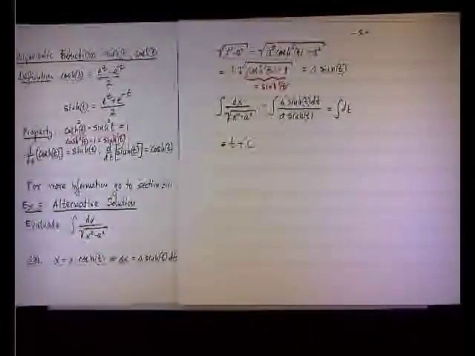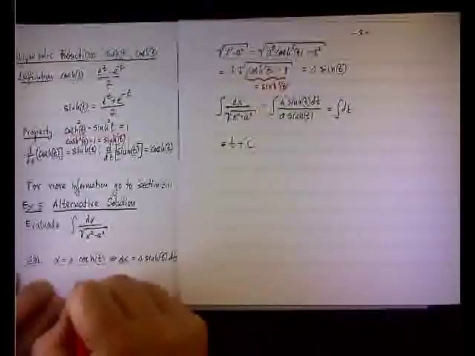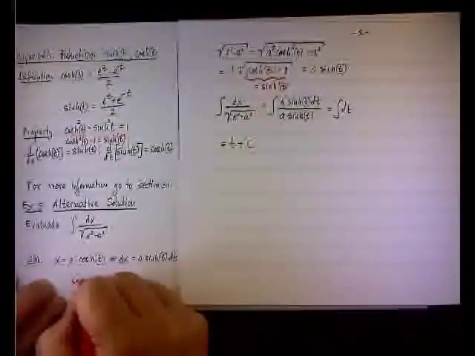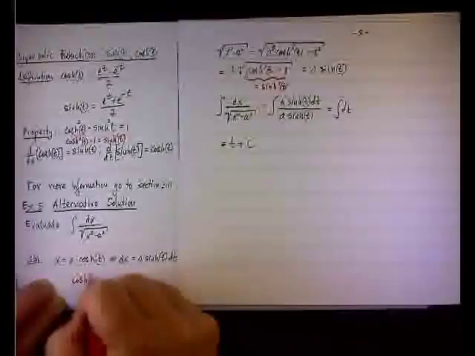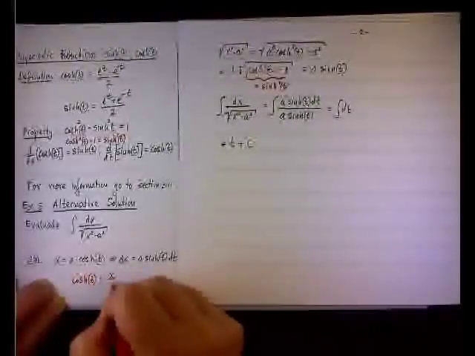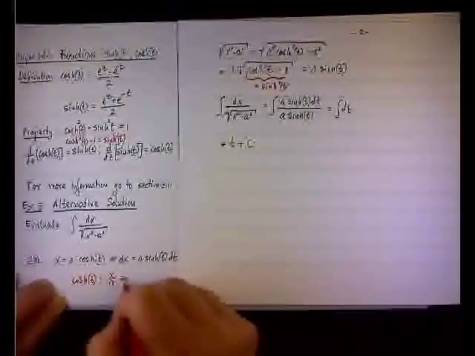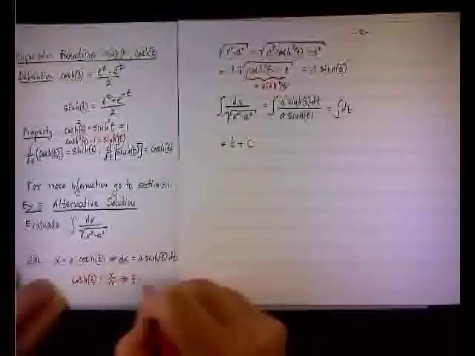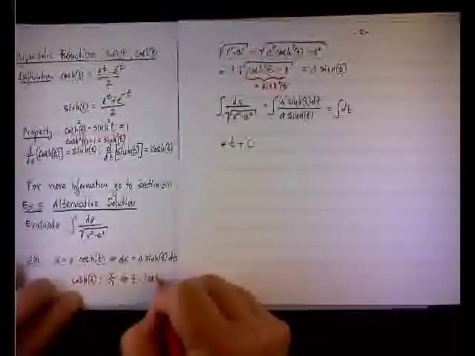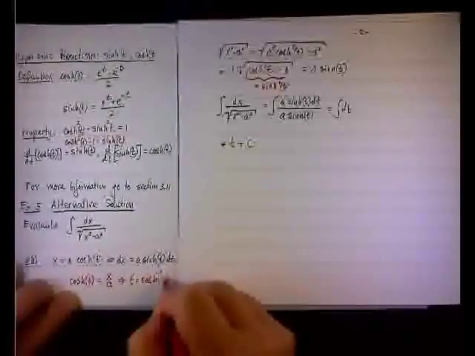By the substitution, if x is a cosine hyperbolic t, then cosine hyperbolic t is x over a, and therefore t is the inverse cosine hyperbolic of x over a.